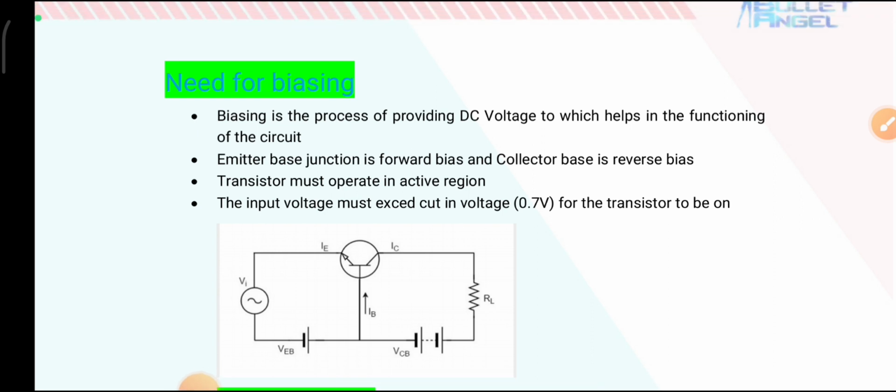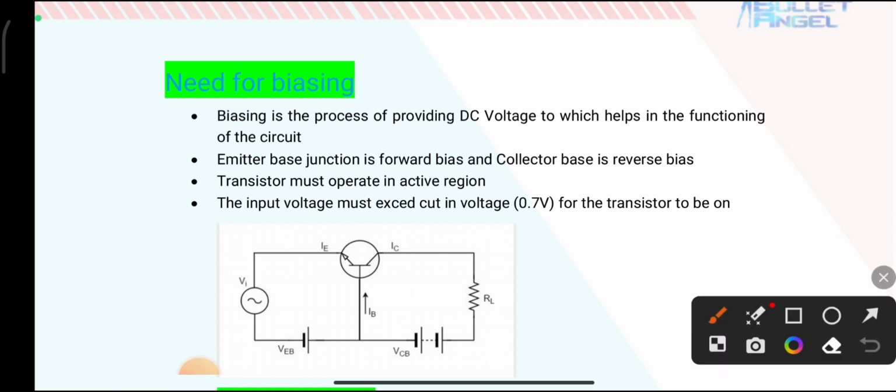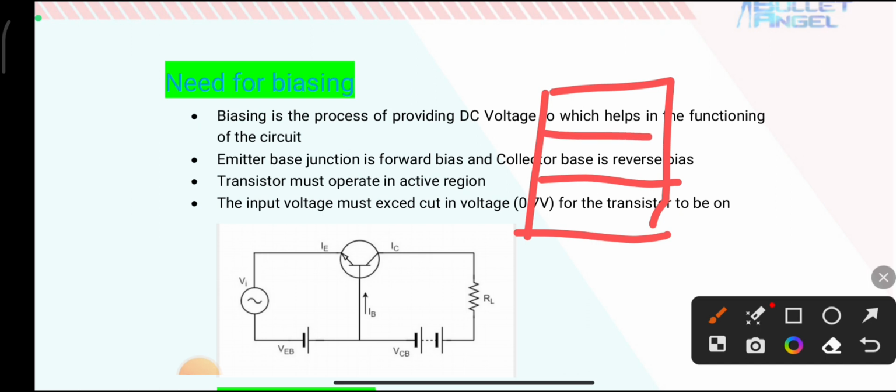Next point, the input voltage must exceed the cut-in voltage. The transistor is a semiconductor device. In the transistor we have two junctions, the emitter base junction and the collector base junction. The emitter base junction is in forward bias and the collector base junction is in reverse bias.